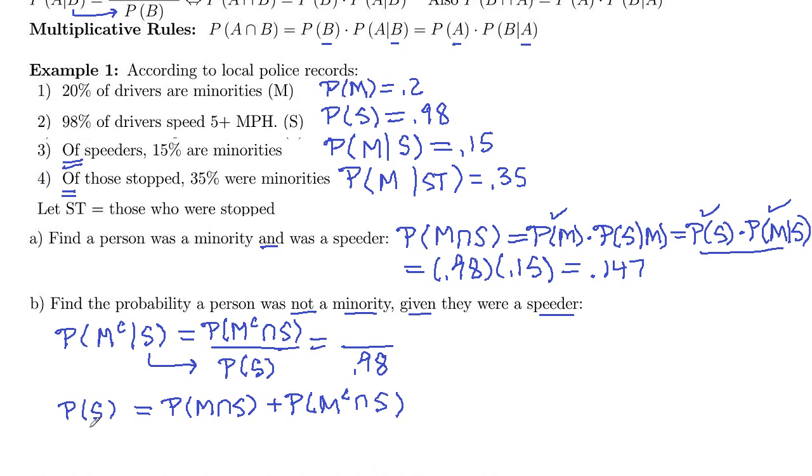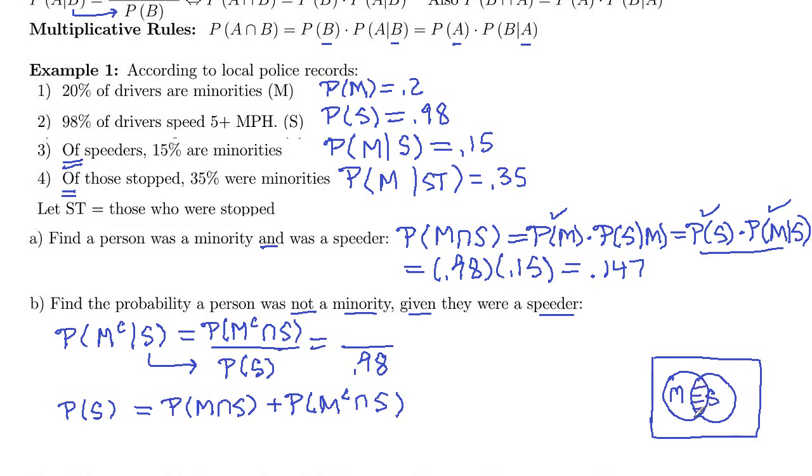So S is equal to M intersect S union M complement intersect S. So here's the diagram. You've got your speeders here and your minority here. The circle for speeders is two pieces.